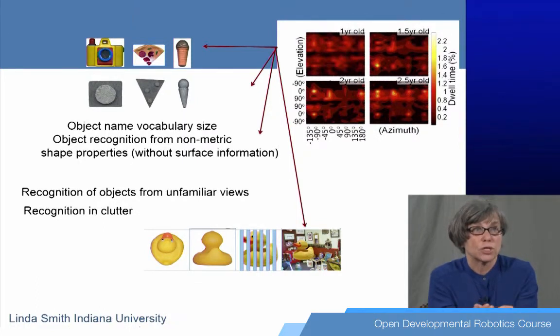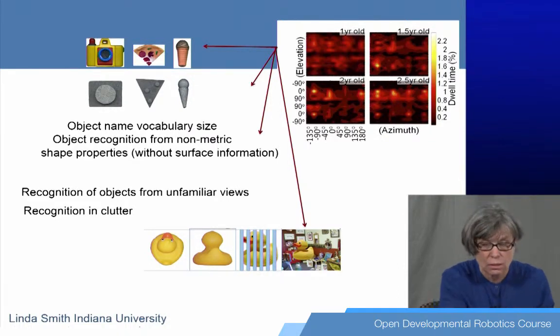It's related to object recognition from non-metric three-dimensional shape properties. It's related to the child's ability to recognize objects from unfamiliar views, from the back end, let's say, and to recognize objects in clutter. And this is again driven by the child's own activity, which requires that he sit steadily, hold objects, not fall over, so he can generate multiple views.